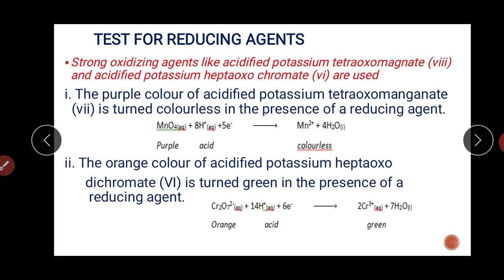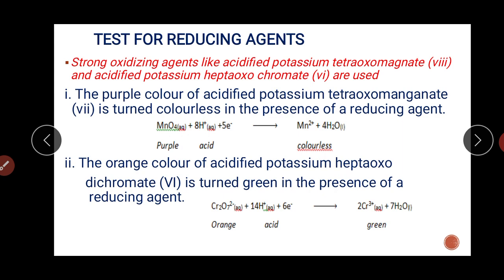By the time you pour any material into acidified potassium tetraoxomanganate 7, this is 7, please, not 8, it's a typographical error. That is a purple color. Whenever the purple color changes to colorless, that material is a reducing agent.